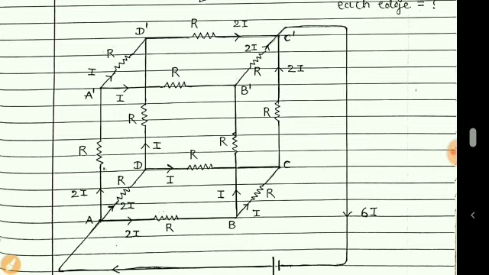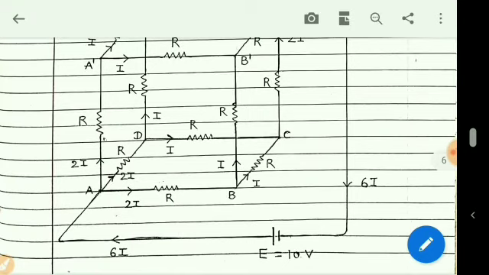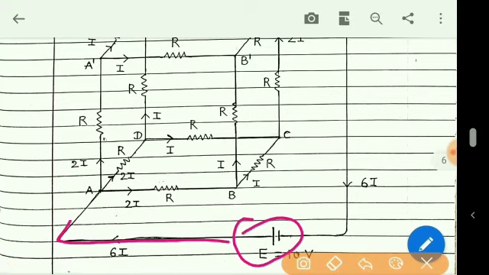But to solve this network, there is no need to apply Kirchhoff's rules along each and every junction or each and every loop. We will simply consider a simple loop which consists of a battery and resistors.